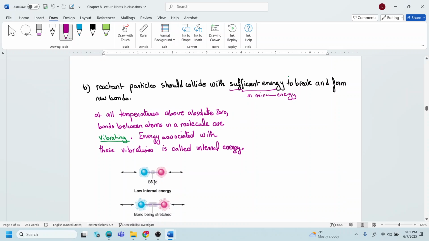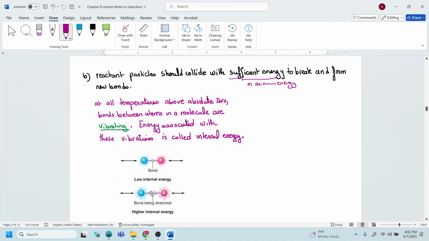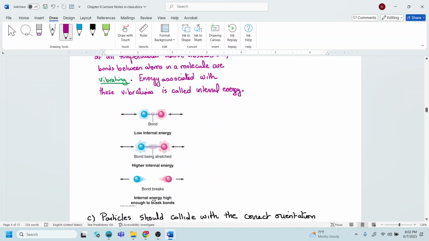Depending on the vibrating frequency, if the bonds are vibrating just a little bit, this is going to be low internal energy. If bonds are vibrating strongly, this is going to be high internal energy. Bonds need to vibrate, because when they vibrate, they are stretching. And as they stretch, the bonds are going to be broken.